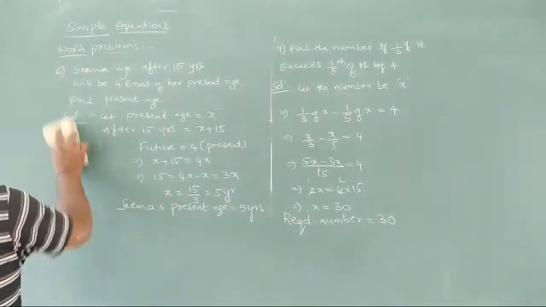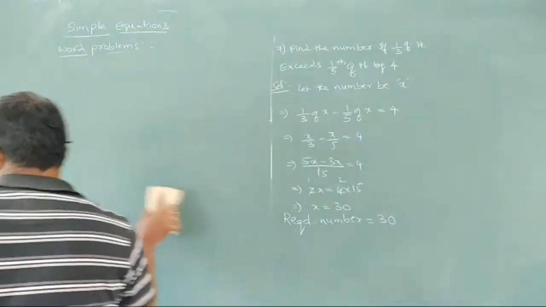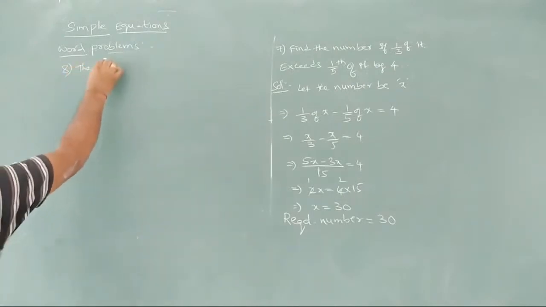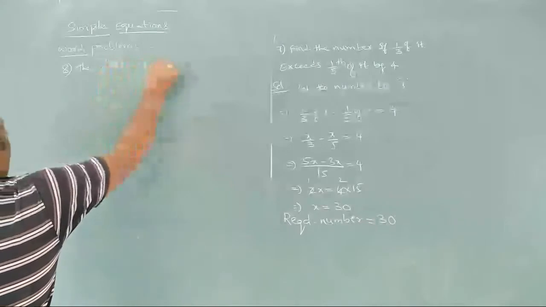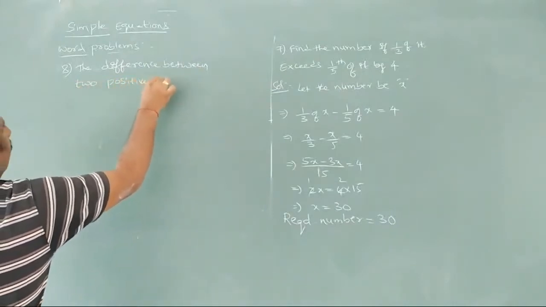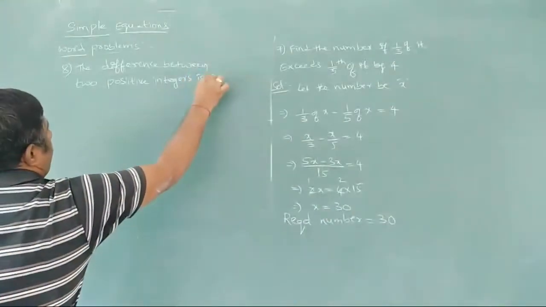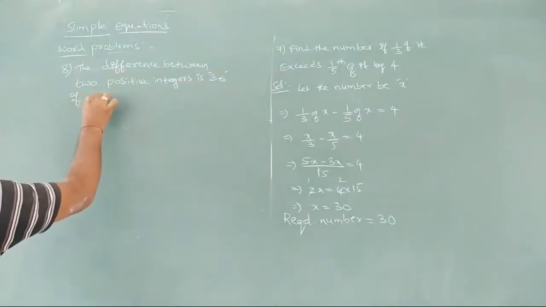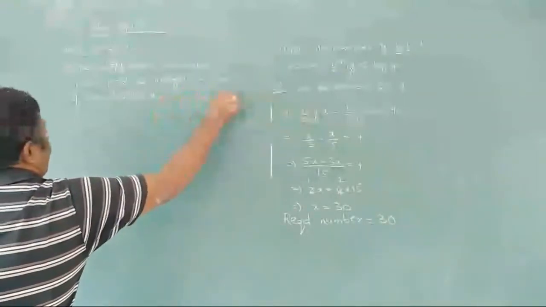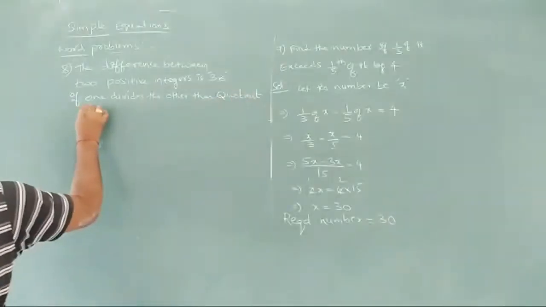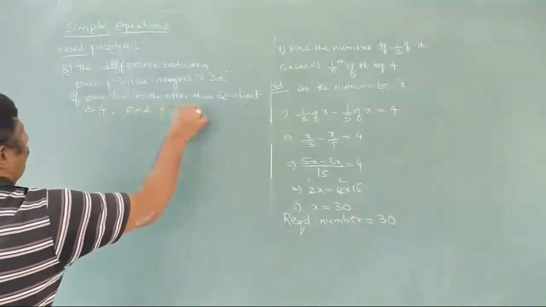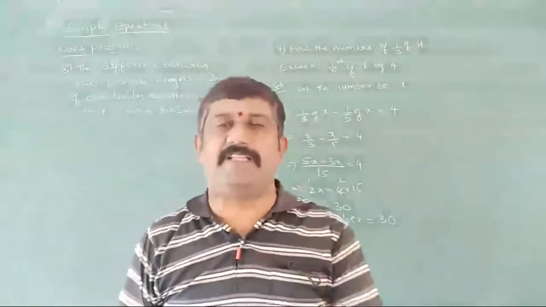Next. The difference between two positive integers is 36.